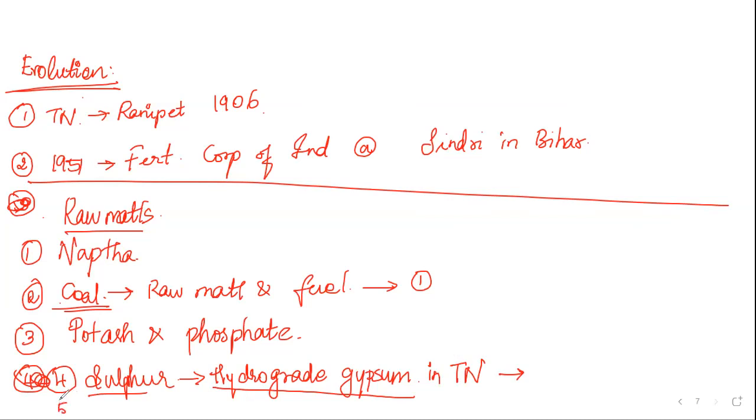The fifth important raw material is coke oven gas. Coke oven gas is actually a byproduct of the iron and steel industry, and it is also a raw material for fertilizer plants.